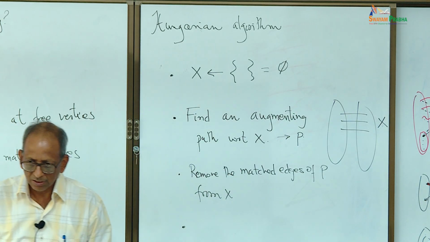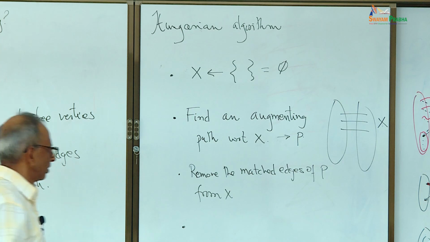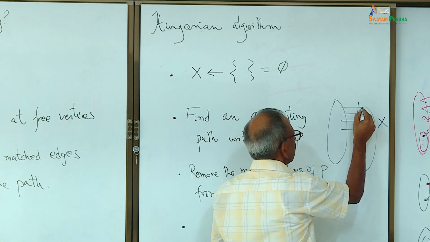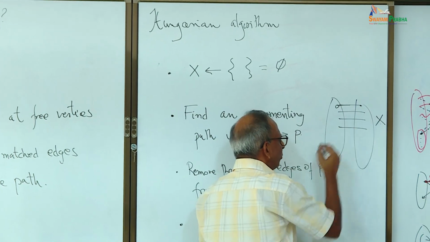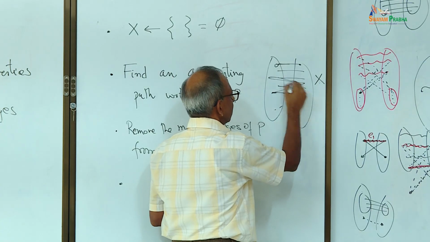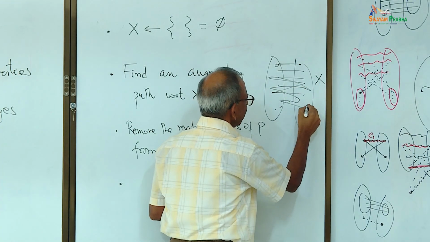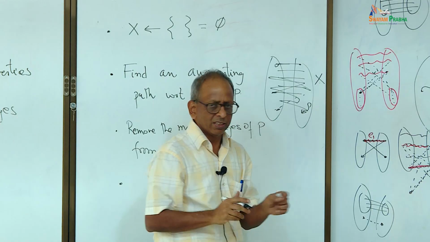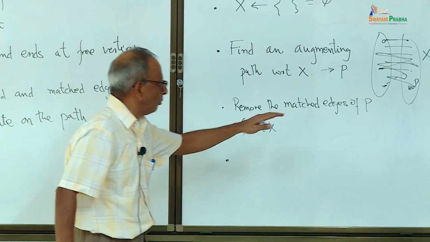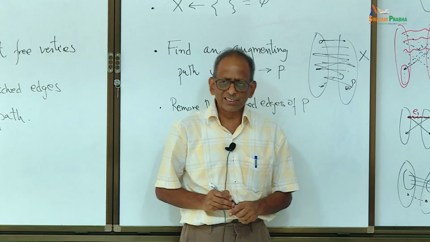Oh, sorry, yeah. Okay, so you got this matching. Thanks, yeah. And now I found an augmenting path, yeah. This augmenting path's name is P, okay. How to find an augmenting path we will discuss. But we found an augmenting path and its name is P.